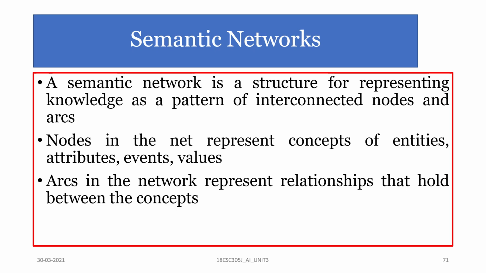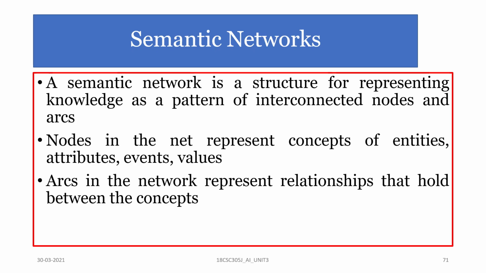Values are red, large, or percentages like 90, 95 percent. Examples: dog, animal, Ravi and brown. A link, which is an arc, shows the relationship between the nodes. Examples are is a, part of, color, owns, from the previous example.